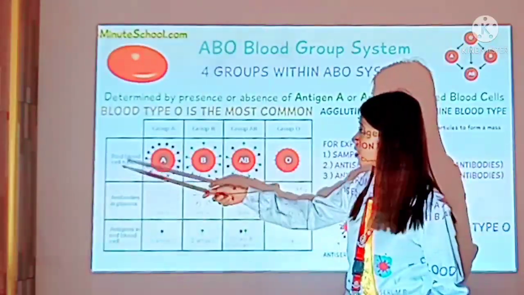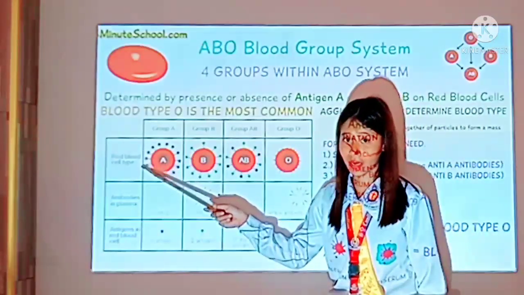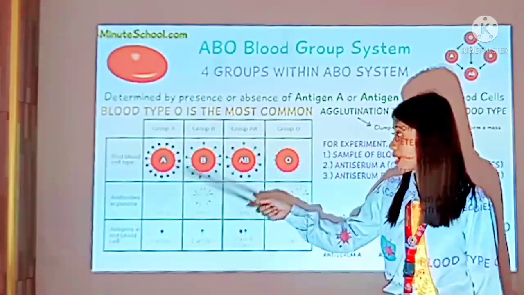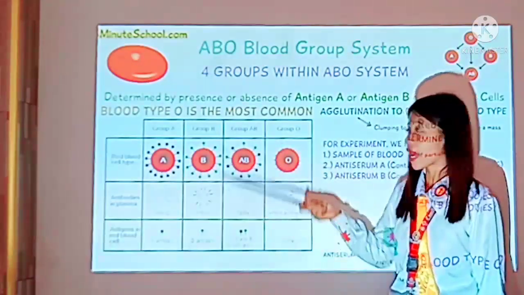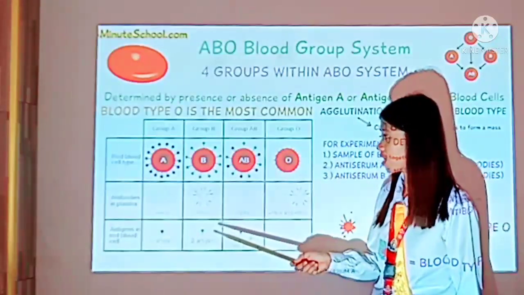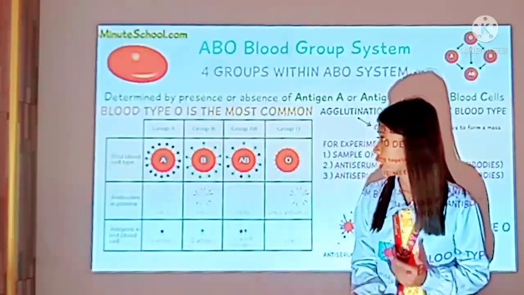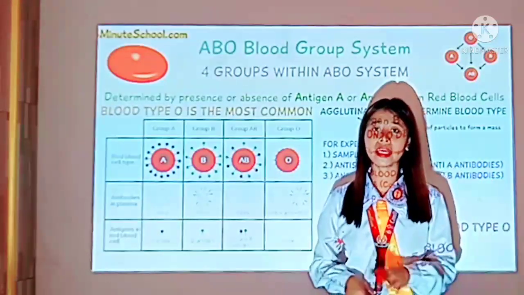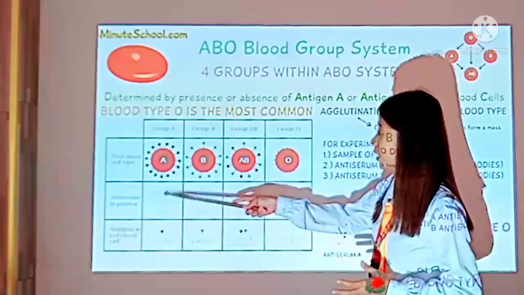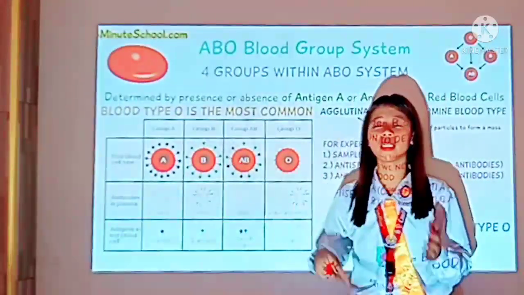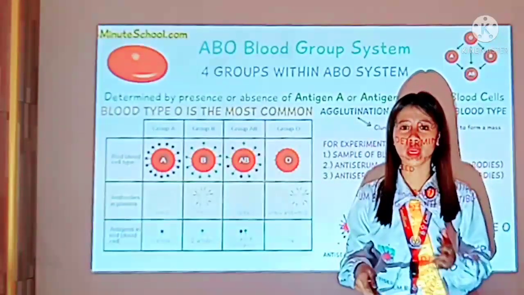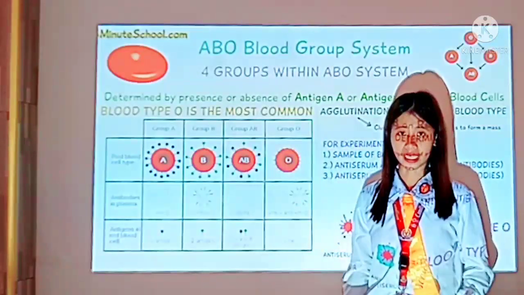It says here your red blood cell type or your blood type, which is blood type A, B, AB, and O. So here, as you can see, we have antibodies that are present in our blood, specifically in our plasma, wherein this plasma is the liquid part of our blood that carries nutrients and waste throughout our body.